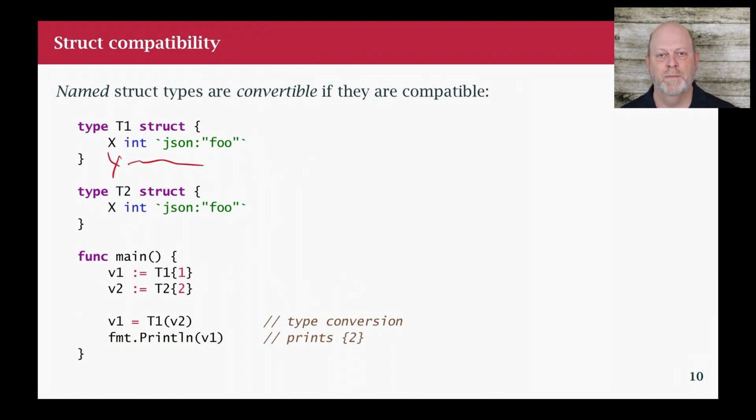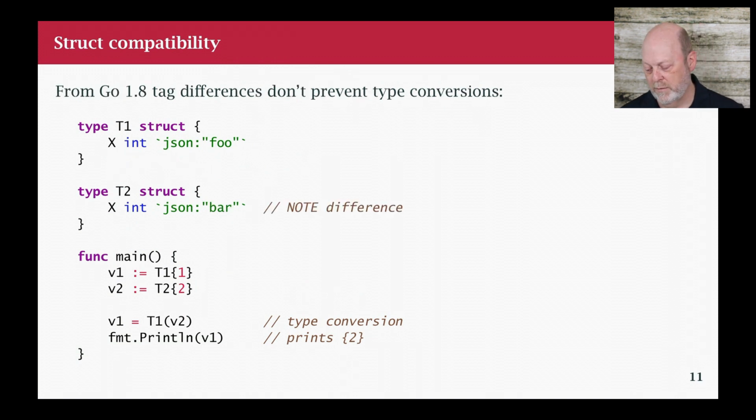That just doesn't work. Now, there's one more detail, and this is a picky detail, but I said the struct tag is part of the definition, and so in the past it used to be that if the struct tags didn't match, then your type was not convertible. It not only wasn't compatible, it wasn't even convertible. And that changed in Go 1.8.